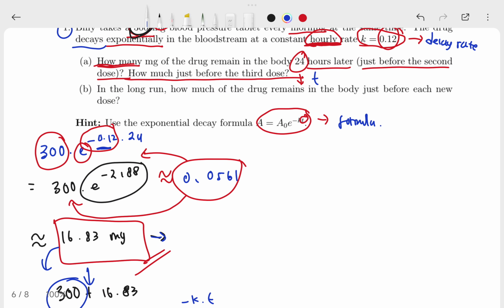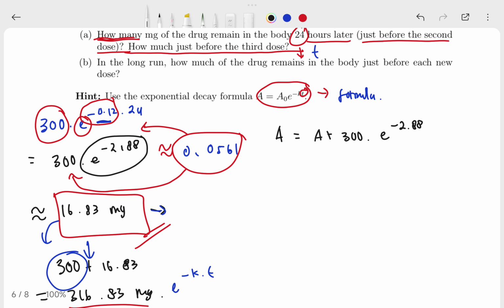So to count this, we have to make another formula: A equals (A plus 300) times e to the power of minus 2.88. I simplified this because he takes the drug every 24 hours, right? So why is it A plus 300?